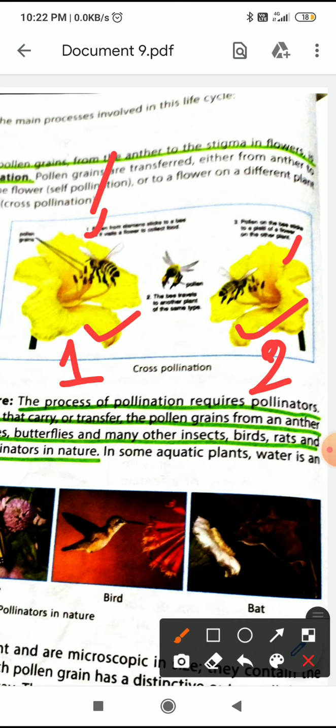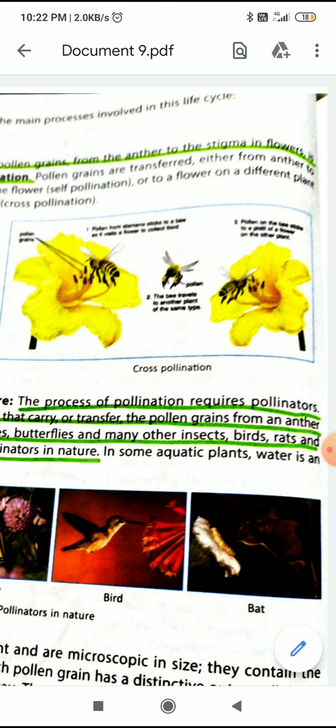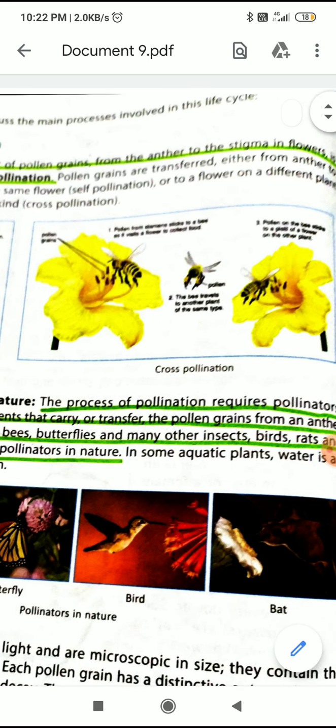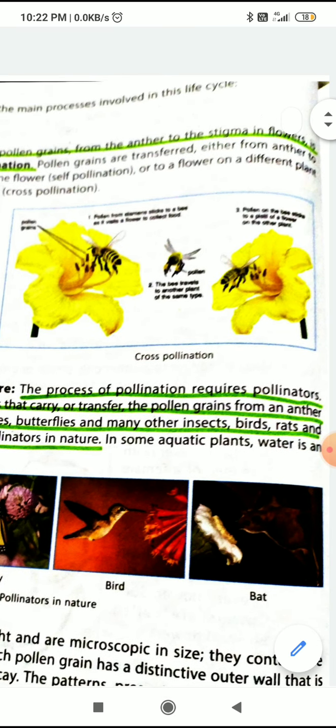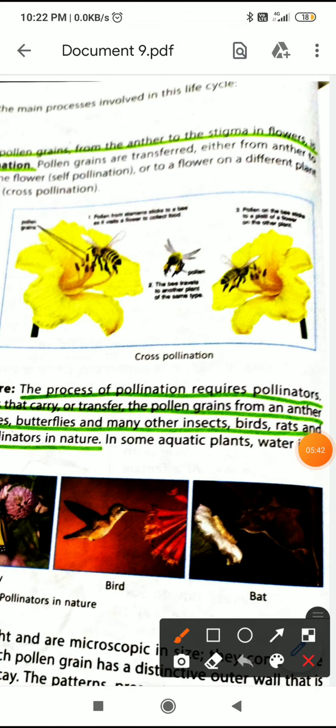Now what will you find here? Here is an insect. A honeybee is shown here. Now you will find two flowers of the same species. It means both the species are the same. You should not take one China rose and another marigold.